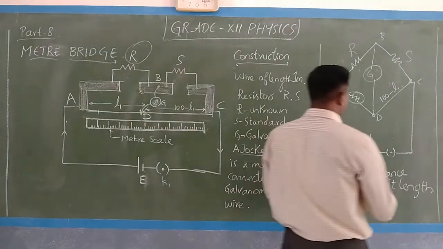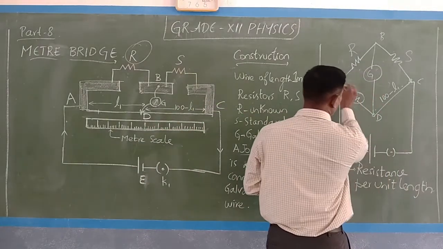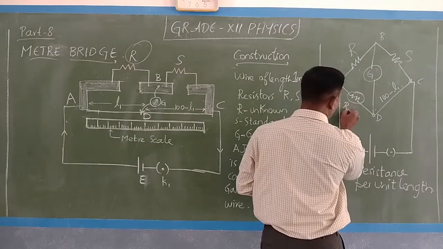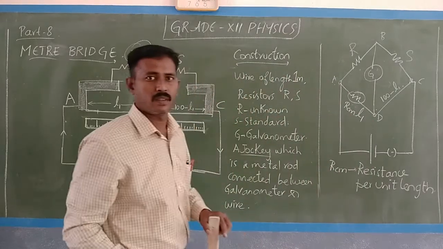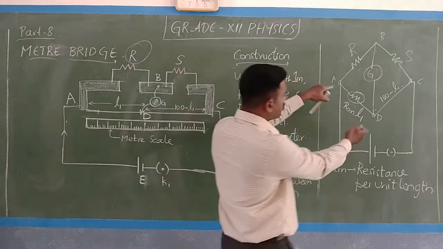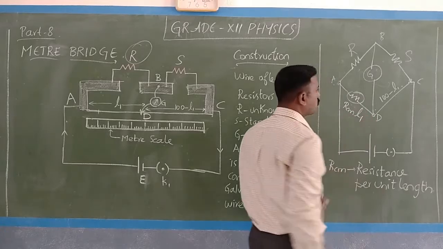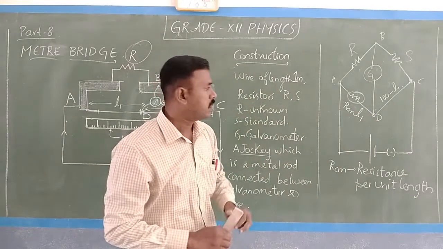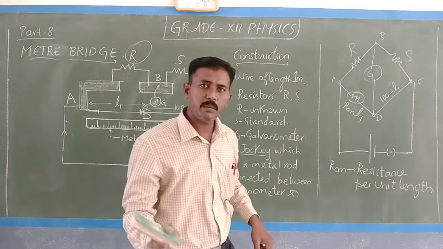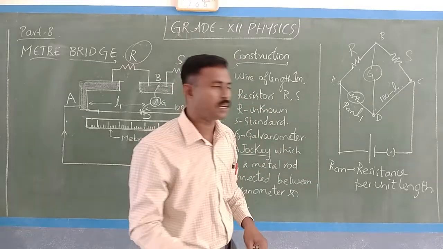And so, what is the resistance value of this? RCM into L1. This total resistance is RCM into L1. We know it for one centimeter, so for L1 centimeters, it is RCM into L1.